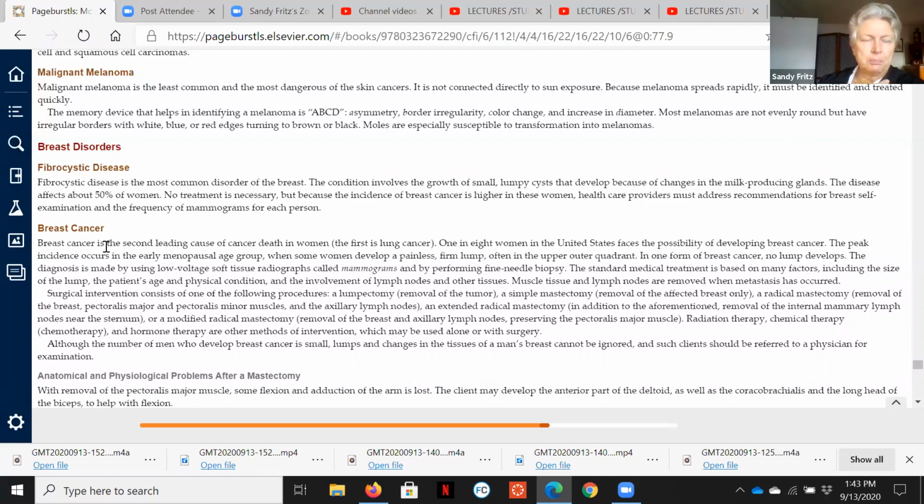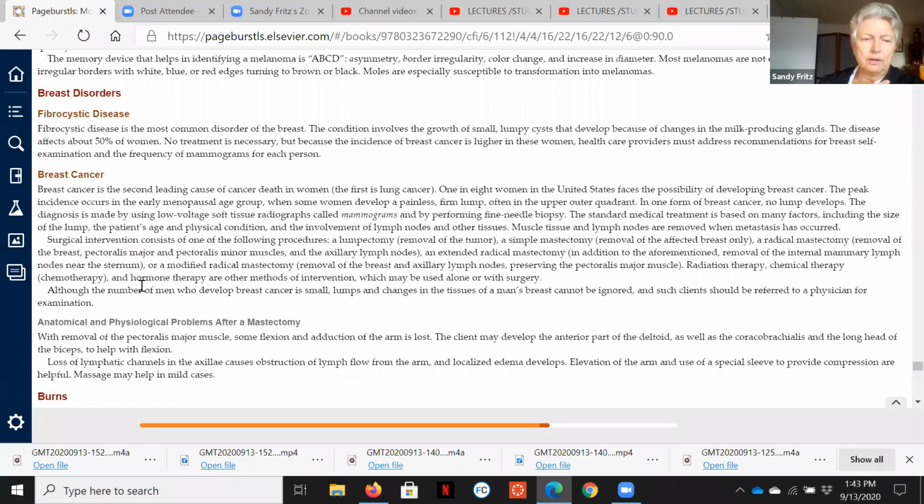And then there's breast cancer, which they have been working very hard to treat, and they've been making some really good progression on that. Breast cancer has a tendency to metastasize, so it goes to other parts of the body and takes up residence and starts invading other tissues.